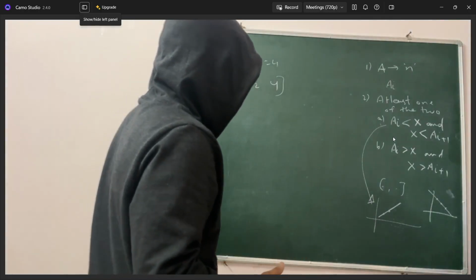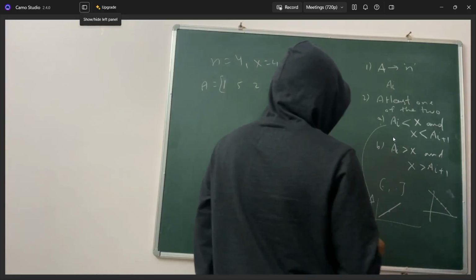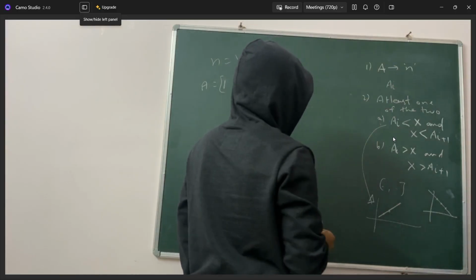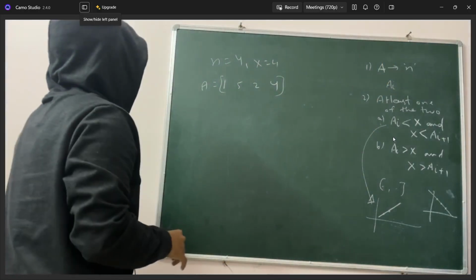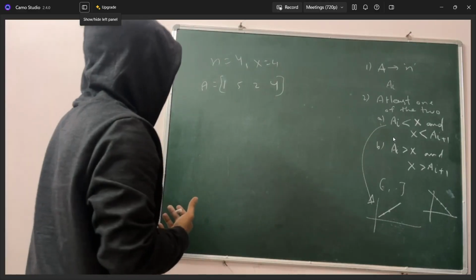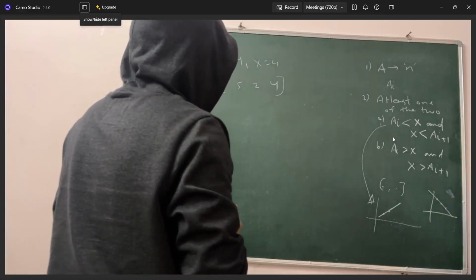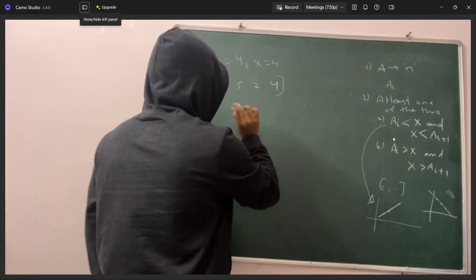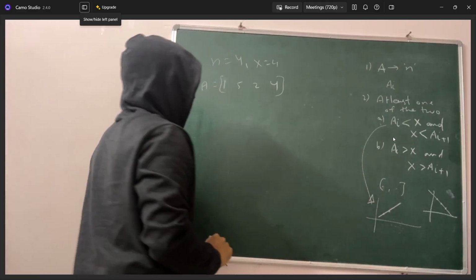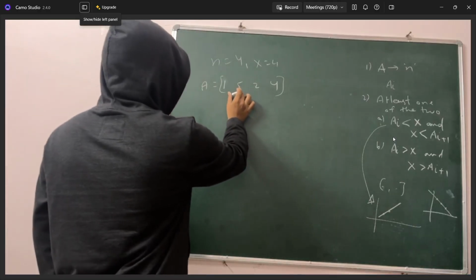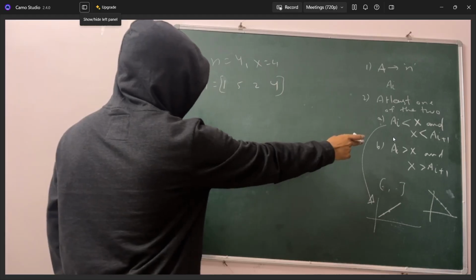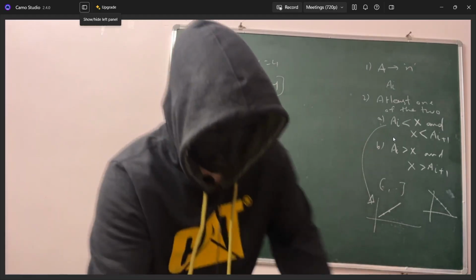They've given array A and you are allowed to make any arrangement, and we need to find out if we have at least one pair wherein this condition is satisfied.